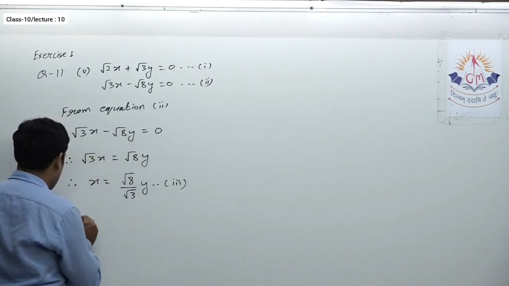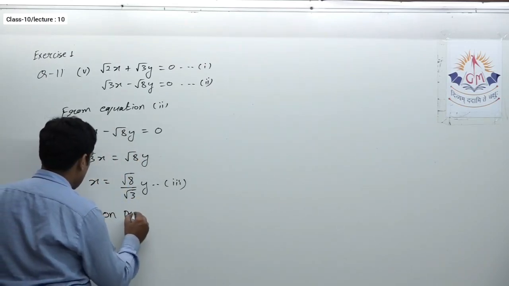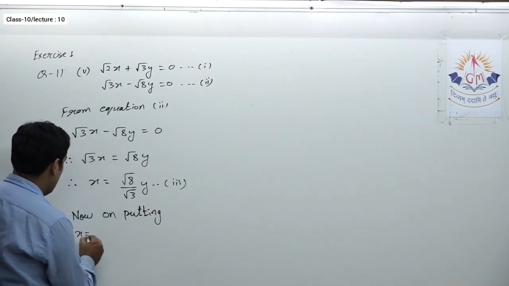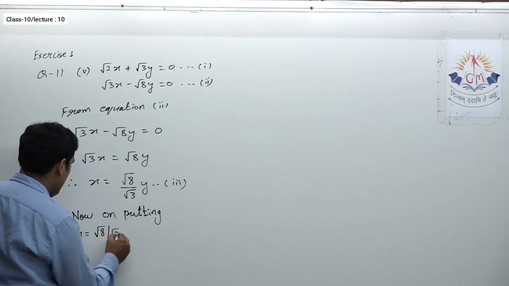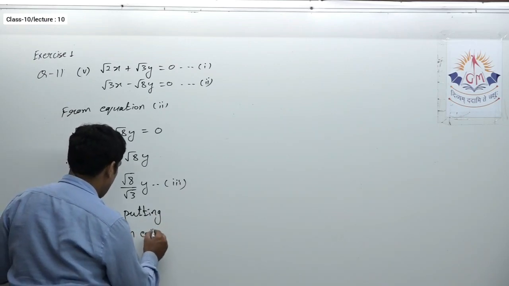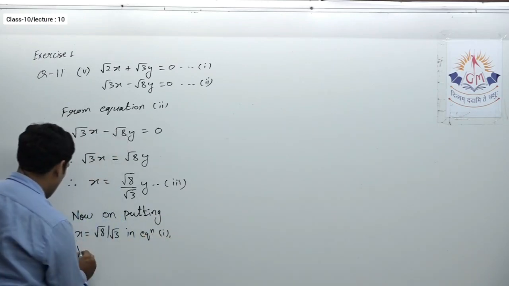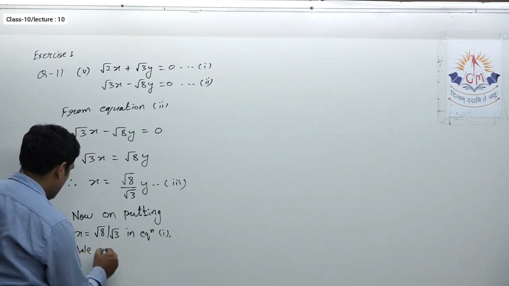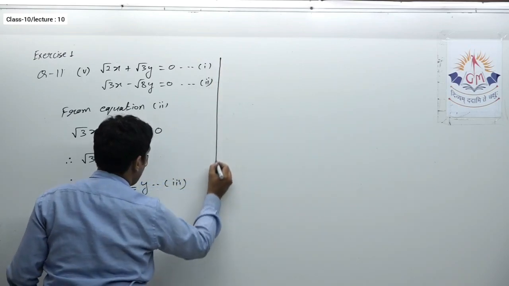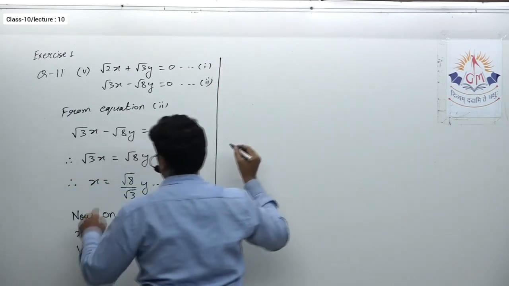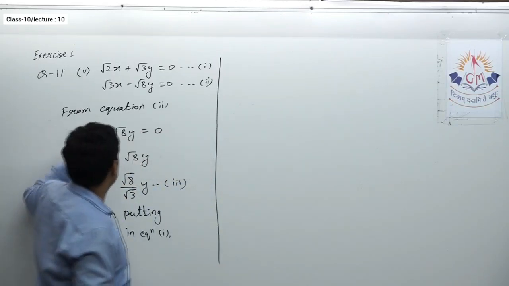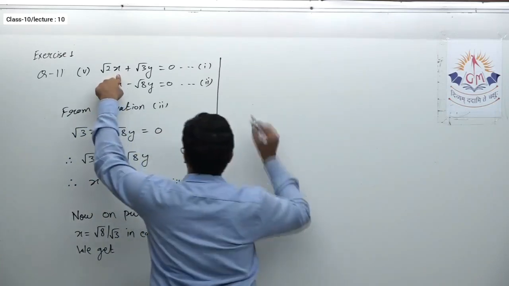So now on putting x is equal to root 8 upon root 3 y in equation 1, we get, let us see, we have to put this value x equal to root 8 by root 3 y over here at the place of x.